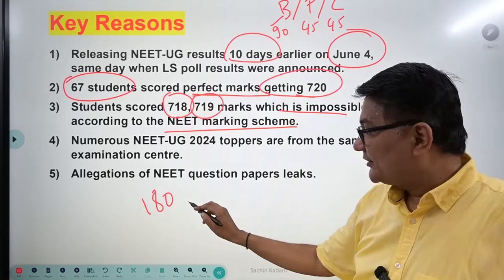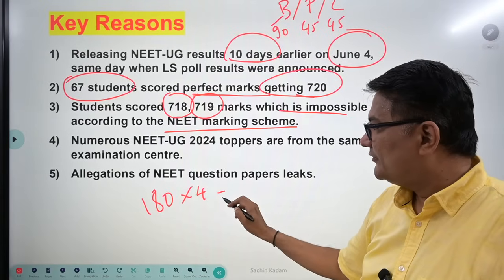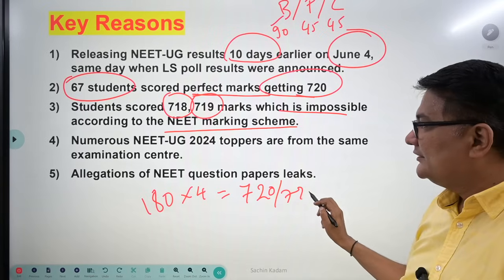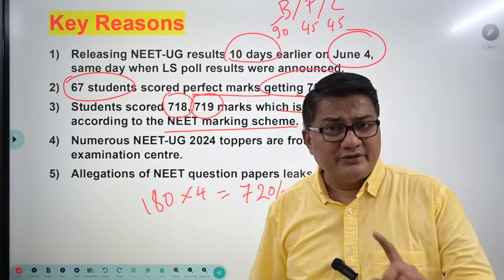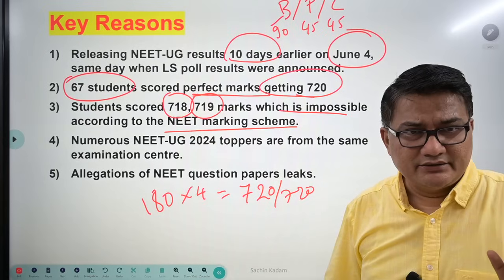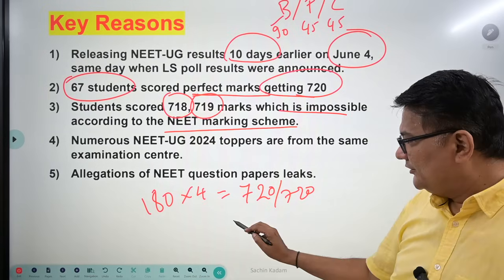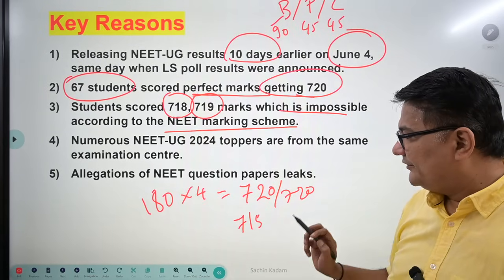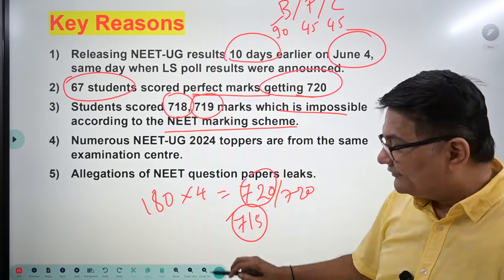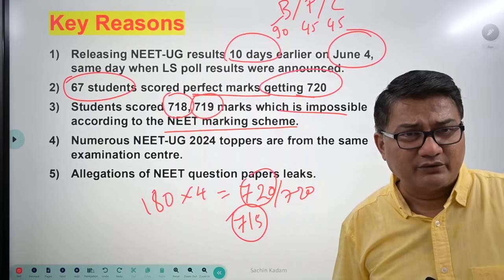For every correct question, you will get 4 marks. So if all questions are correct, how much will you get? 720 out of 720. But if your one question goes wrong, listen carefully, 1 mark will be deducted. So if your one question is wrong, you will get 715. So you will get either 720, or 715, or 716 if you left one question.